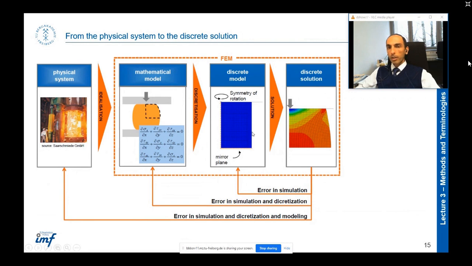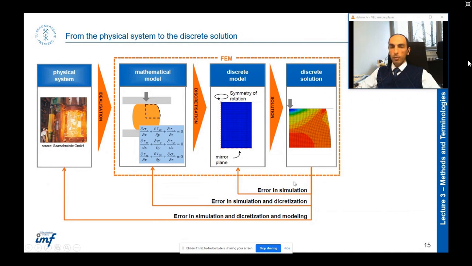And some errors come into the calculation when we solve the equations. It depends on the method you are using, but for example, usually we convert the equations from the differential form into the integral form, and when the computer wants to integrate, you should give some numerical way, because the computer cannot solve the integrals the way we do. So there are numerical methods for solving the integrals, and it brings some errors again.